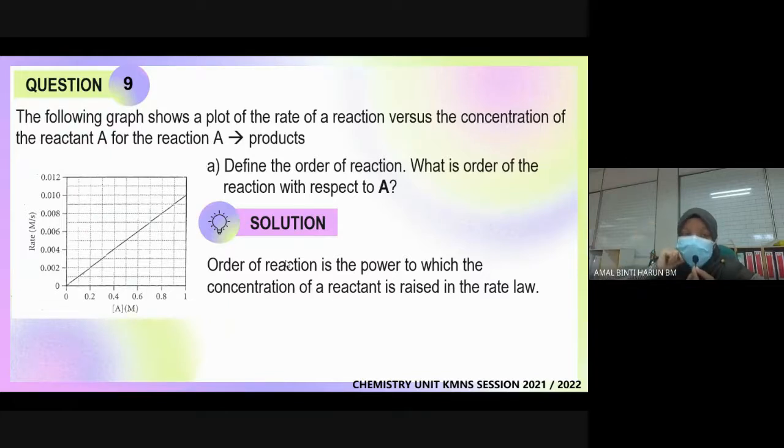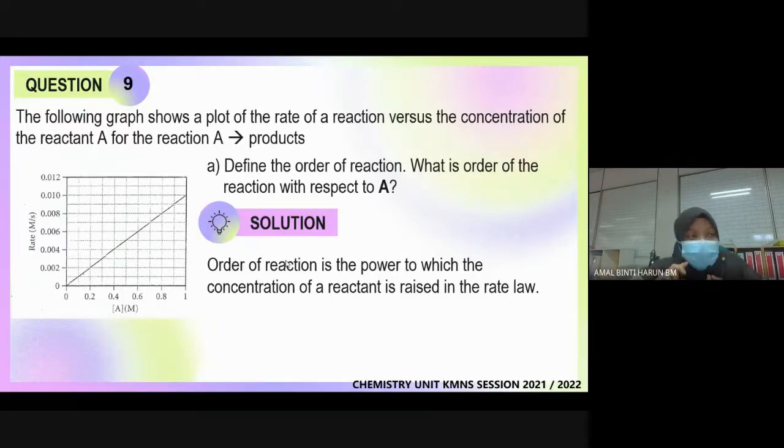Zero order, dia straight line. First order. And then kalau second order, quadratic curve.